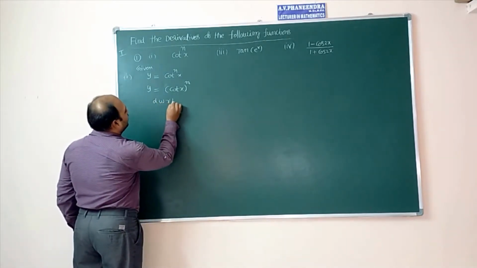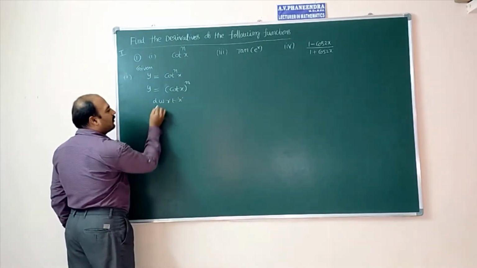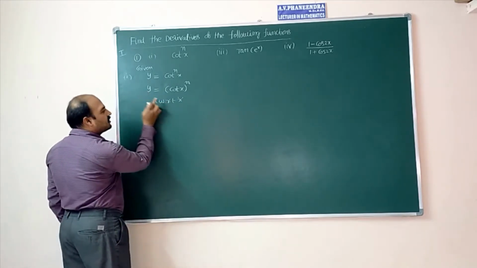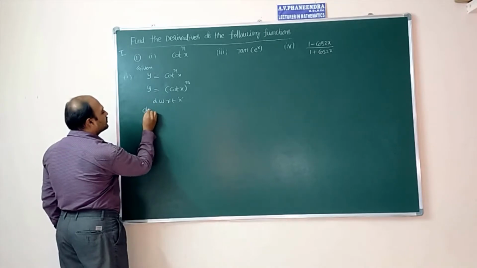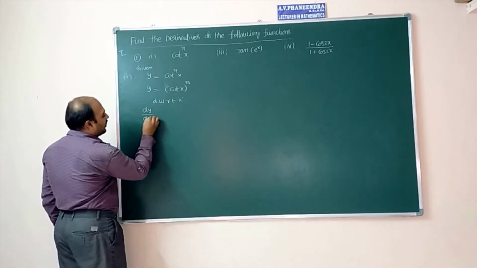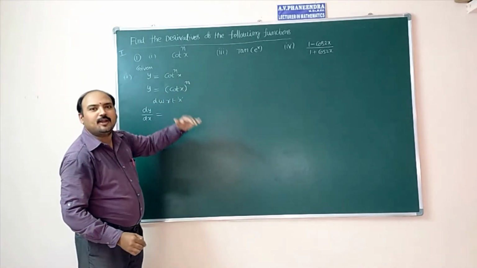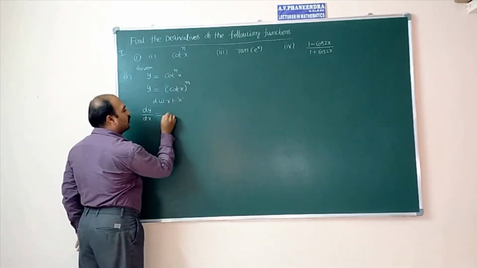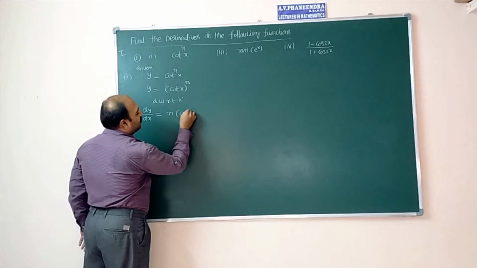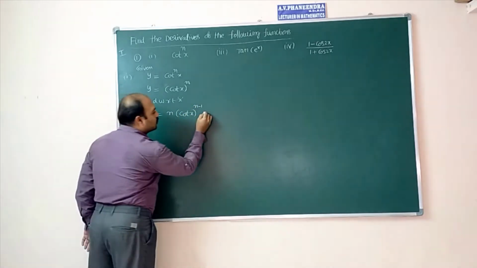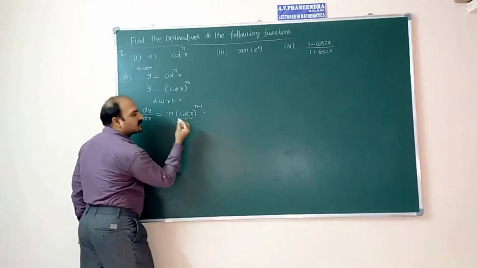Differentiate with respect to x. It will become dy by dx is equal to n into f of x whole power n minus 1, that is n into cot x whole power n minus 1 into d by dx of cot x.